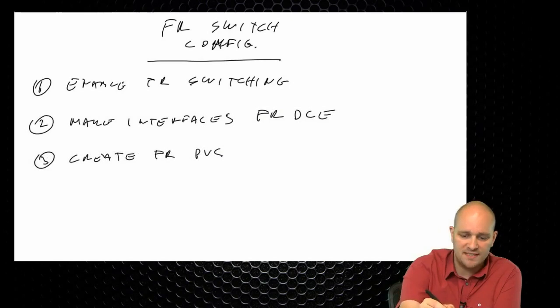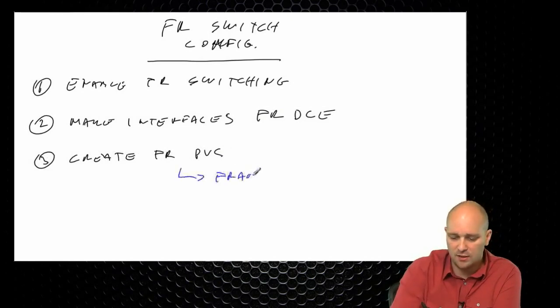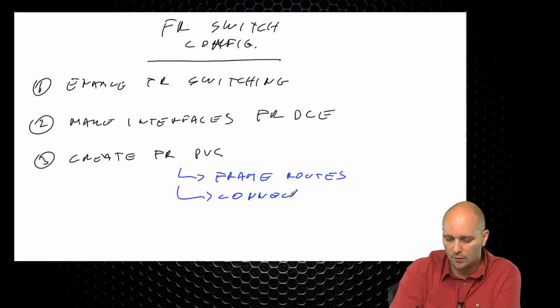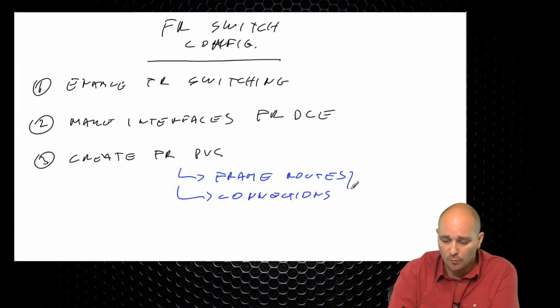Now, I call them PVCs because there are actually 2 ways to do that. One is using so-called frame routes, and the other way of doing it is using connections. I will show you both of these.